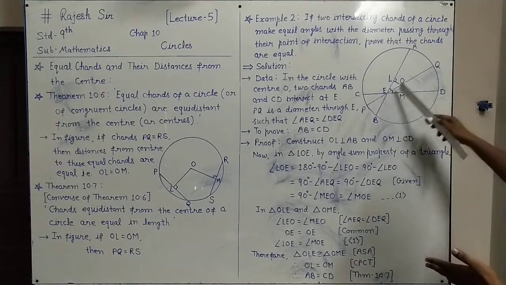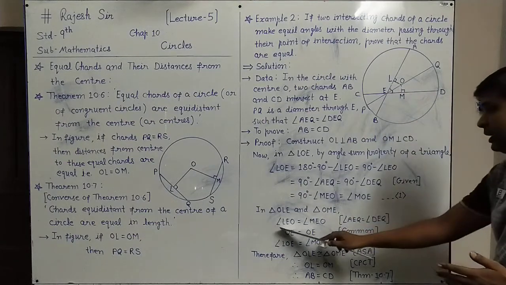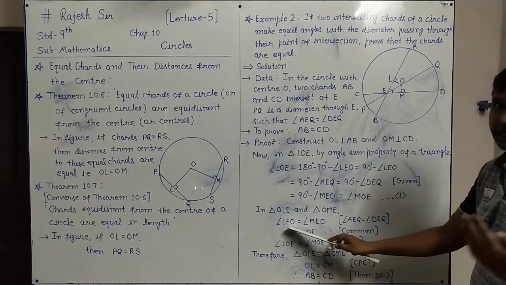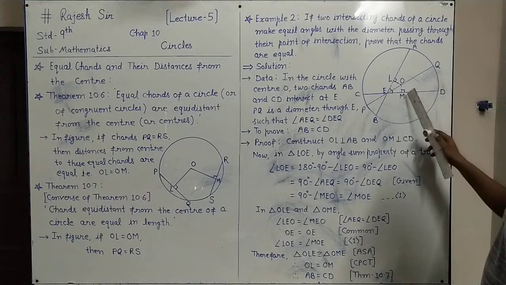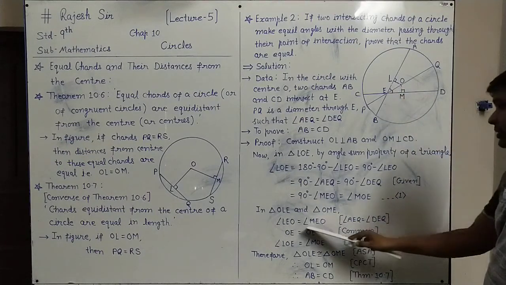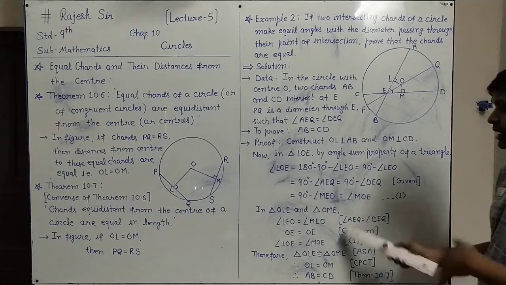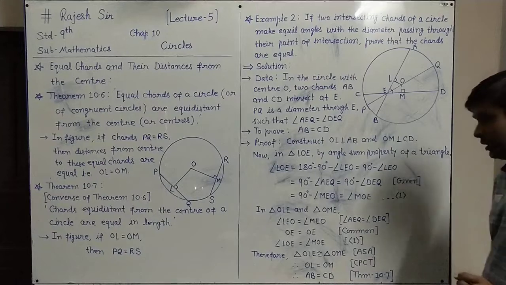And this angle AEQ can also be written as OEL or LEO, angle LEO. This angle AEQ is the same angle LEO, only the name is different. Angle DEQ can also be written as angle MEO. Because this is given, the same angles are represented by different names. So these two angles are also equal.